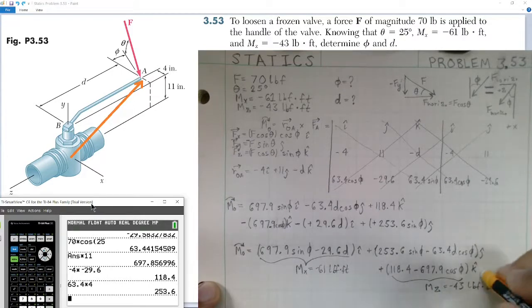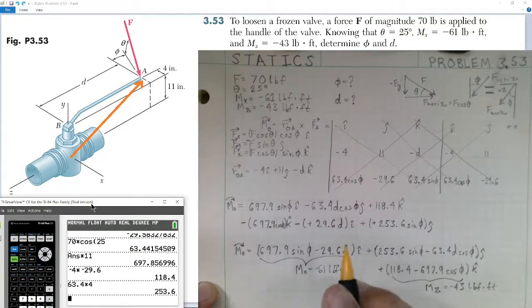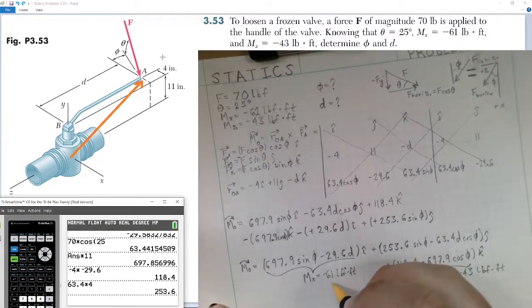Now notice, recall one key insight, our dimensions are in inches. Our dimensions in the problem are in inches. Our moments are given to us in foot-pounds. So we need to convert our moments from foot-pounds into pound-inches. So we're going to simply multiply by 12.